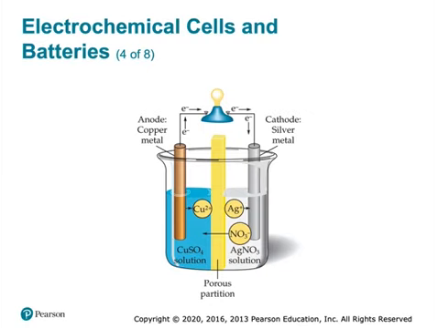That would not just randomly happen. You would have a buildup of charge, and that's not energy favorable. So there has to be a way for negative ions to flow towards the anode and positive ions to flow towards the cathode. That's what the porous partition does.